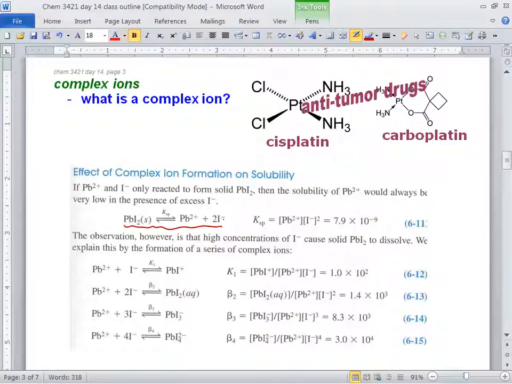And it's kind of interesting, this observation. They say that at high concentration of iodide, more lead dissolves. It shouldn't. It should be the other way, right? If more concentration of iodide, by Le Chatelier's principle and the common ion effect, you get less. But you get more. So what's going on?